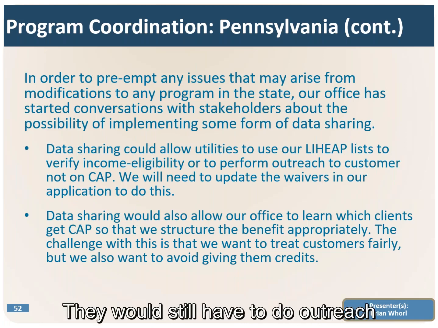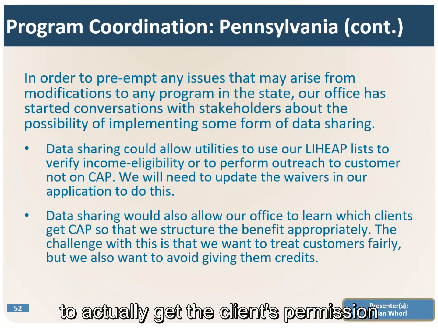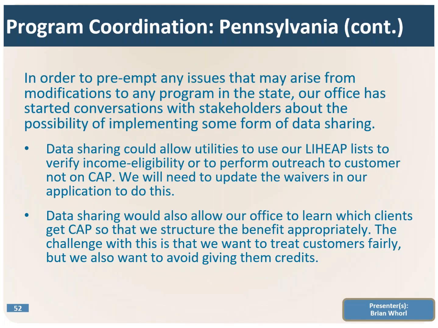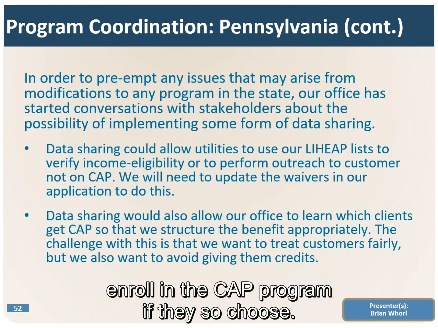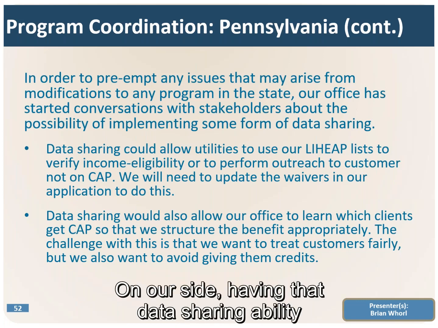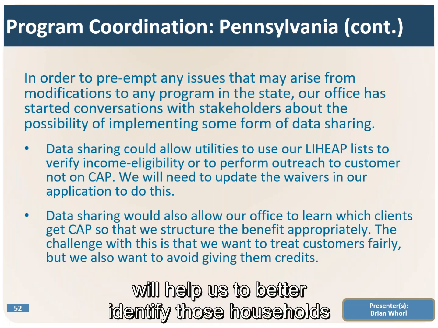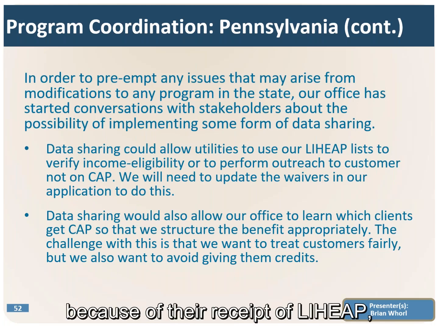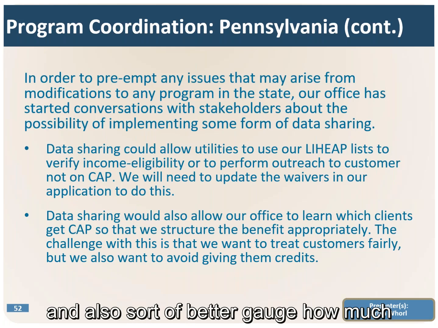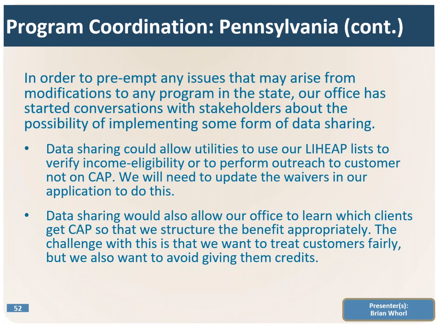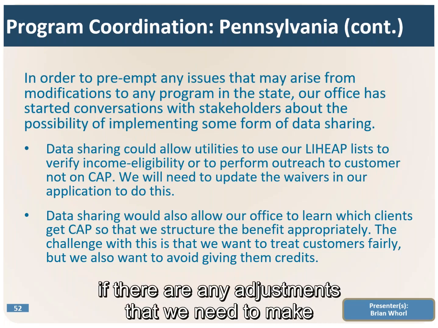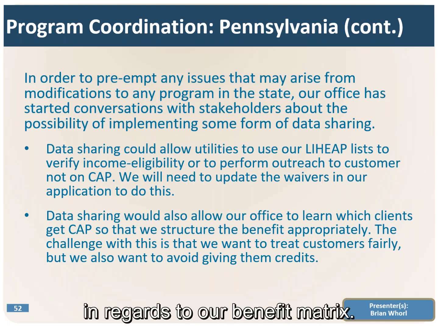They would still have to do outreach to actually get the client's permission to enroll them in the CAP program, but at least it helps minimize the burden on the household on the back end to potentially enroll in the CAP program if they so choose. On our side, having that data sharing ability will help us to better identify those households that do get enrolled in CAP because of their receipt of LIHEAP, and also better gauge how much their CAP amount might be. So that will help us to determine if there are any adjustments that we need to make in regards to our benefit matrix.